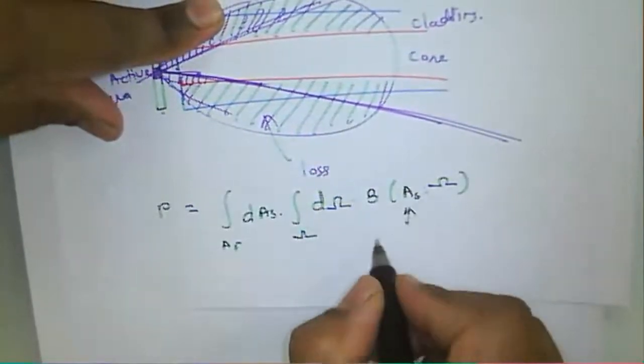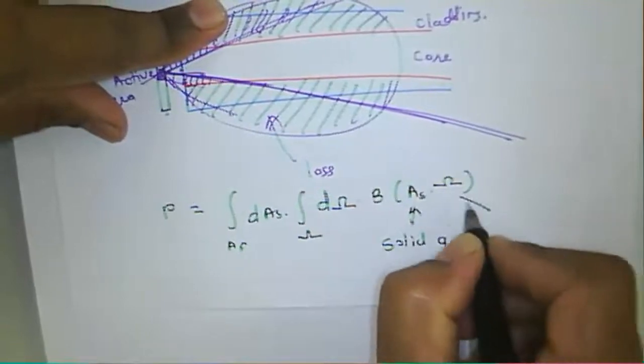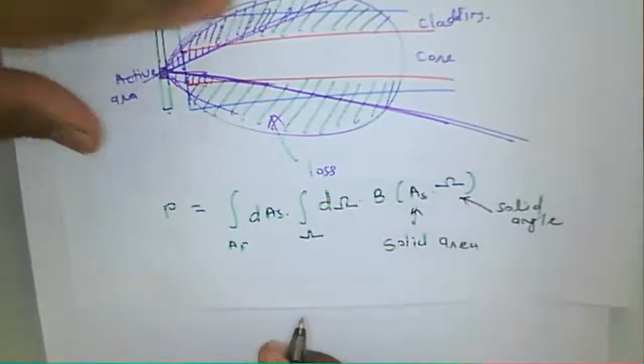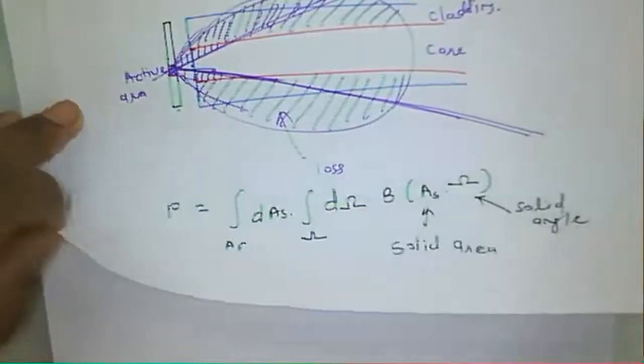This is the solid area and this is the solid angle. That is nothing but the area and the solid emission angle of this particular source.